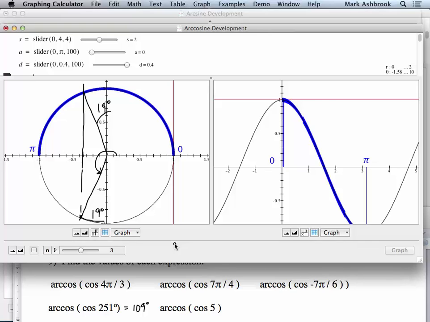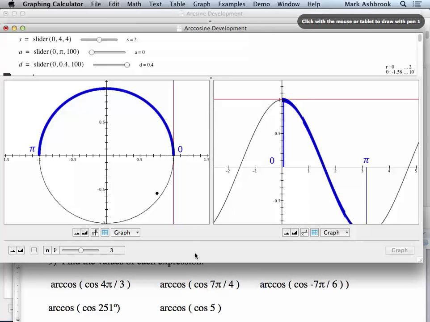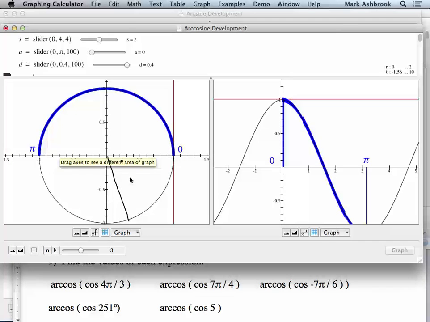It's going to be in the fourth quadrant, towards the bottom. And we know from the 3 o'clock position, going clockwise, that would be about -1 radian.